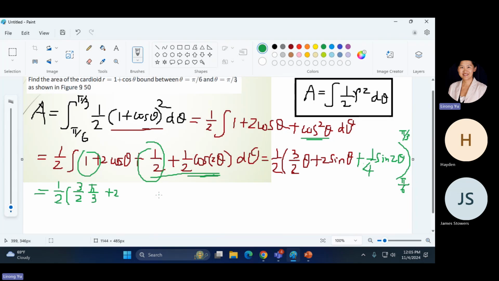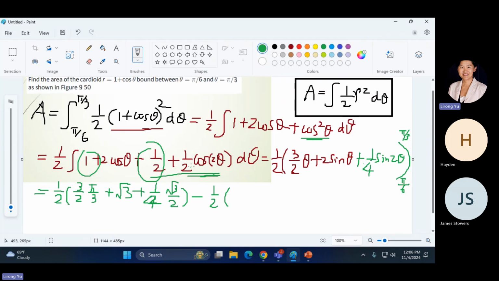Sine of pi over 3 is root 3 over 2, so root 3 over 2 times 2 is root 3, plus 1/4 sine 2 theta. Theta is pi over 3, so 2 theta is 2 pi over 3. Sine of 2 pi over 3 is root 3 over 2. So that's the upper limit value, and then we're going to subtract the lower limit value.